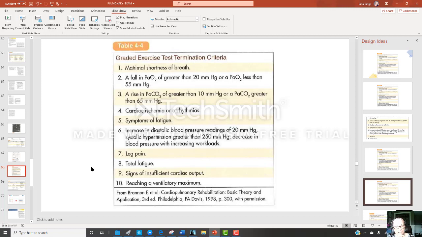Leg pain, total fatigue, signs of insufficient cardiac output, reaching a ventilatory maximum. PaO2, greater than 20, less than 55. PaCO2, greater than 10 or greater than 65. That doesn't make sense.